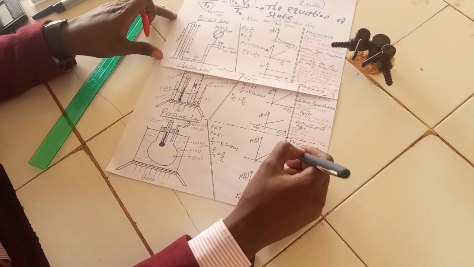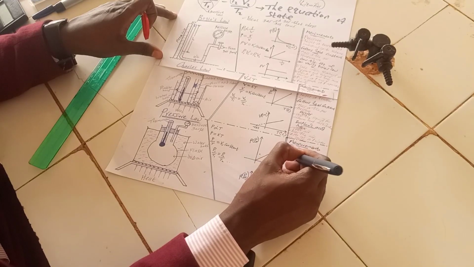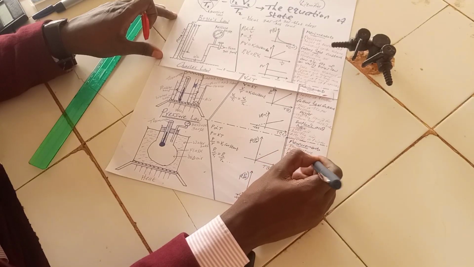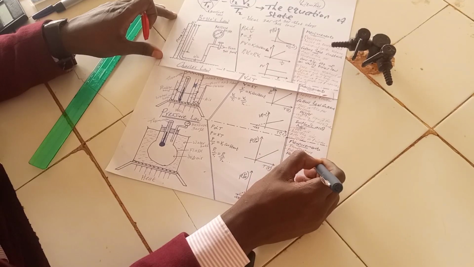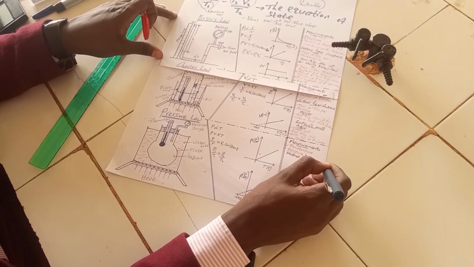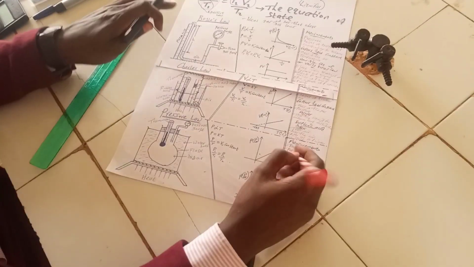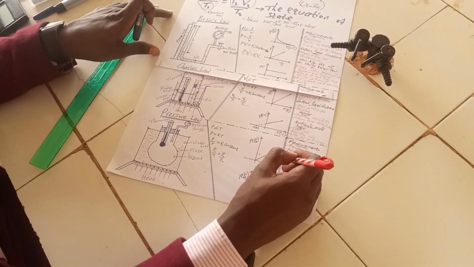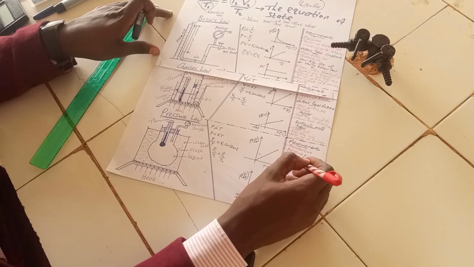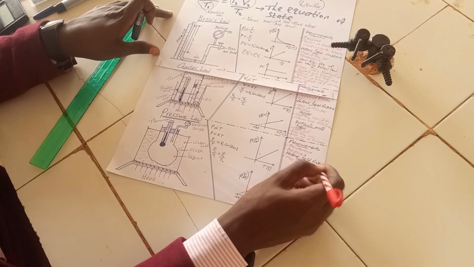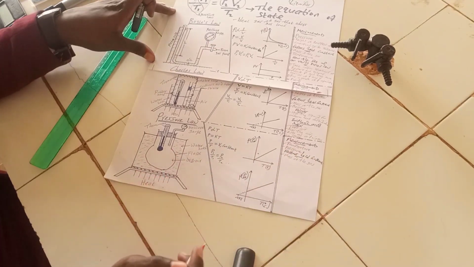Then factors held constant. There are two again. One, of course, is the mass. Mass of the gas is held constant.